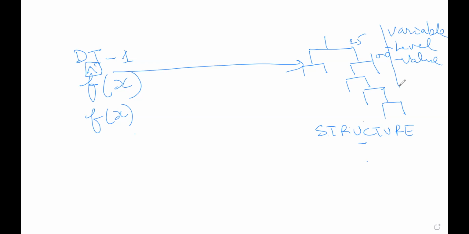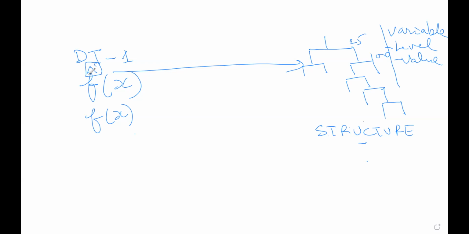I know which variable is used to split and at what level or value the split is happening. Then I know the complete structure of the decision tree. Then I'm going to call it fx cap. Is this clear to you? Yes. Right? Any questions? So fx cap for a decision tree must be clear to you, right?